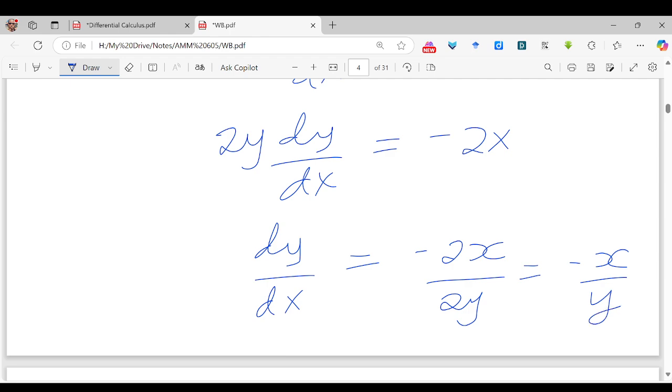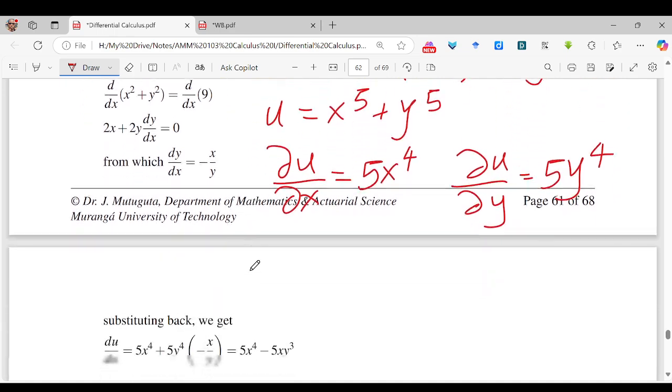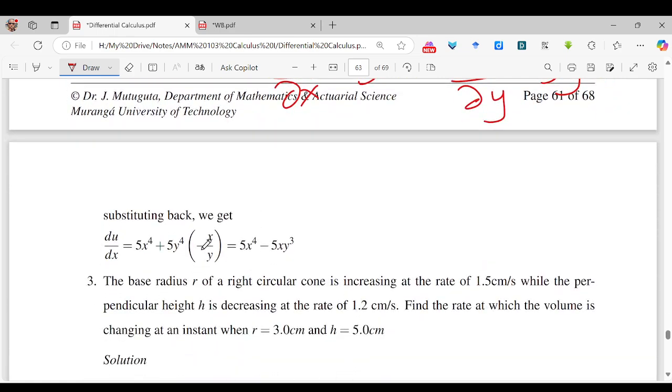So this is dy/dx equals minus x divided by y. So the rest is now to substitute back, and we get this expression.